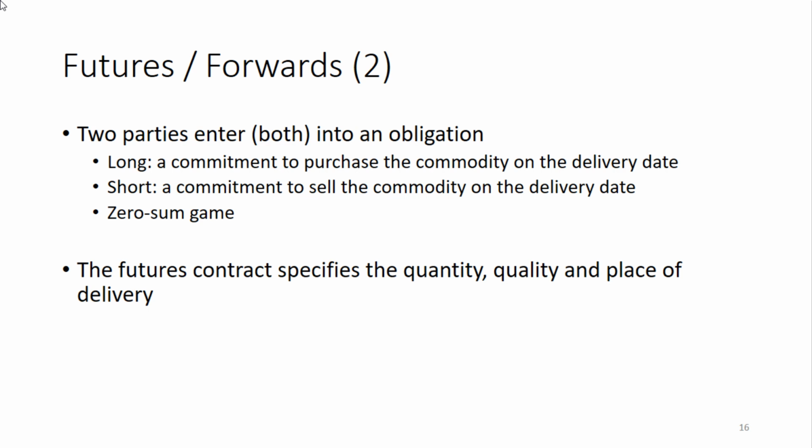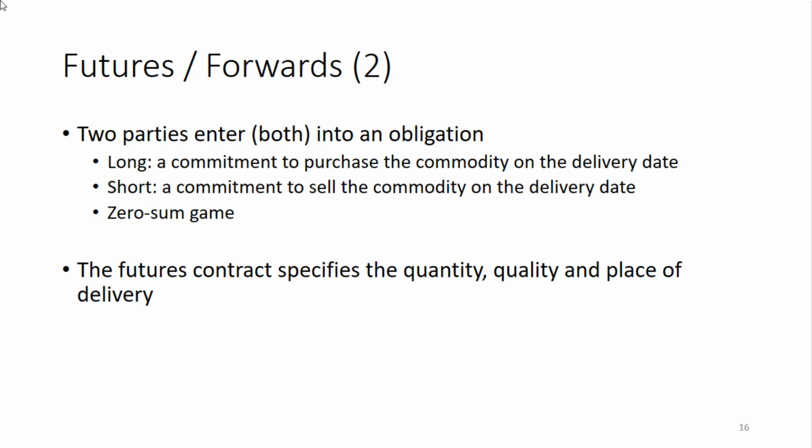Once more, it's two parties that enter into a contract, and for both parties this becomes an obligation. They must execute the requirements in the contract at the delivery date.